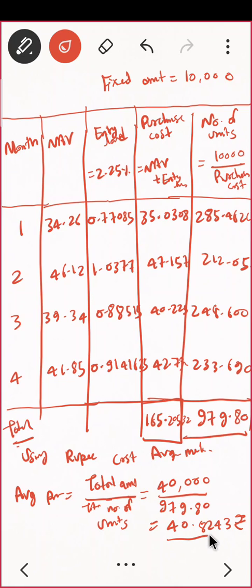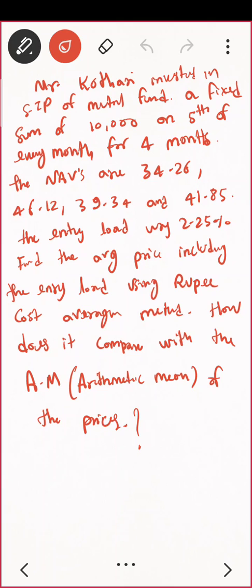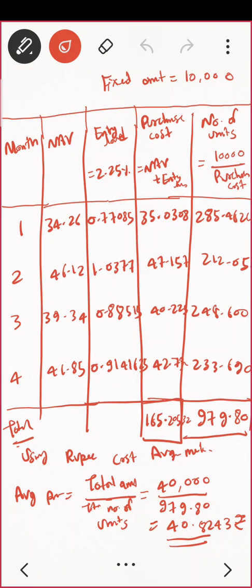So this is your average price, correct? Using the rupee cost method. The question asked you to also calculate how it compares with the arithmetic mean of prices. So how will you compare the arithmetic mean of prices? Do you know what is arithmetic mean?